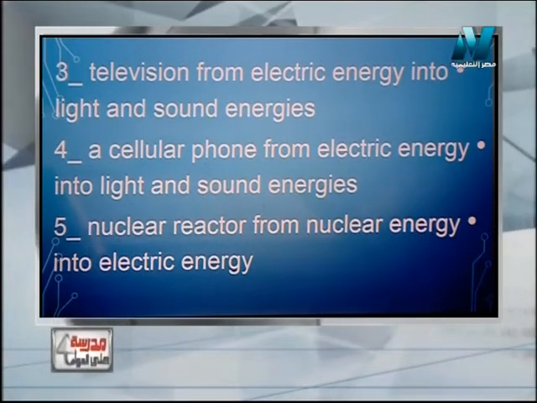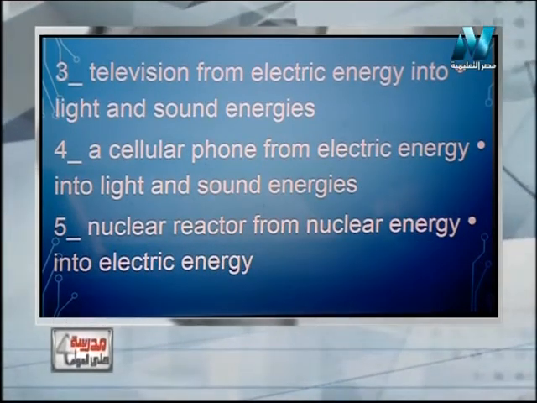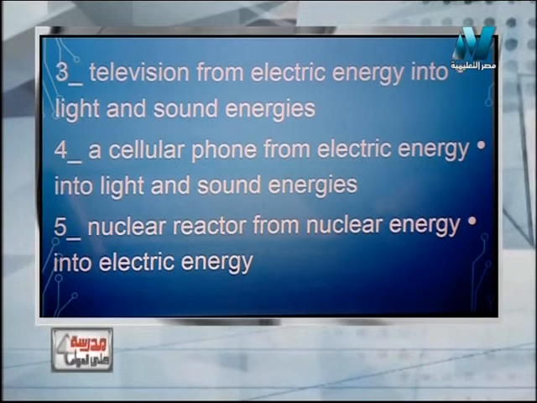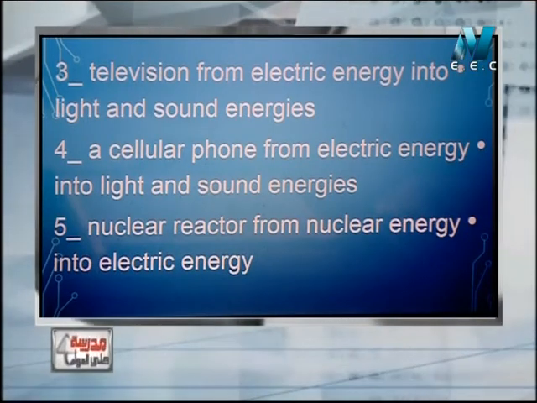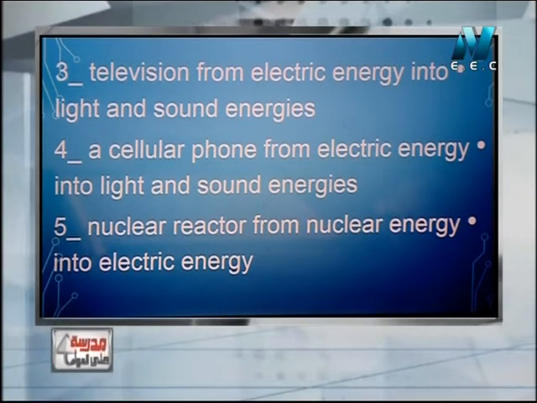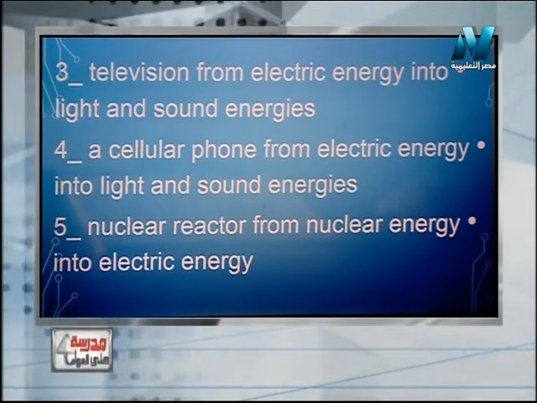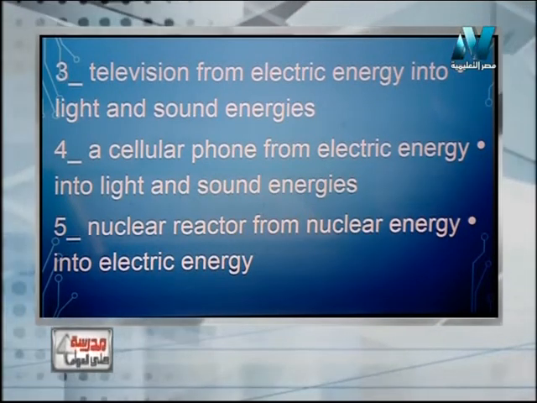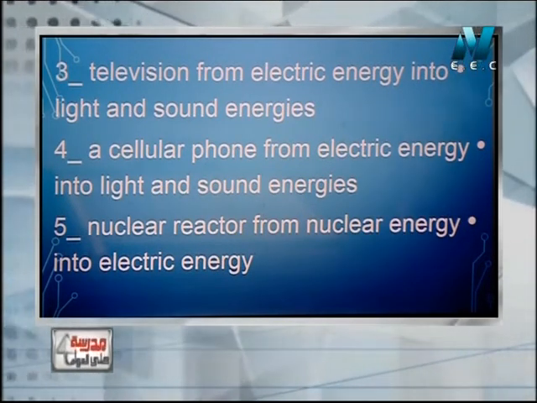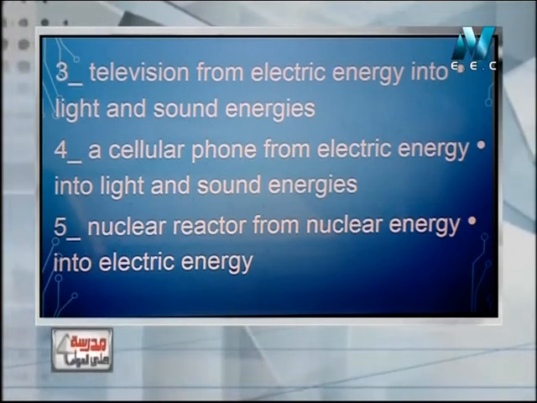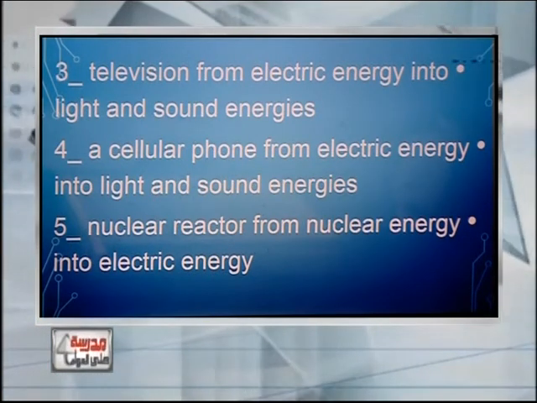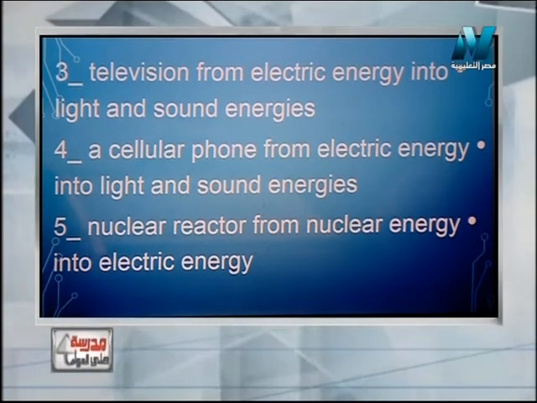Number three, television. It changes energy from electric energy into light and sound energies. If we wanted to operate the TV set, we use electric energy, and we can see, so it's light energy. We can listen to it, that means it has sound energy.